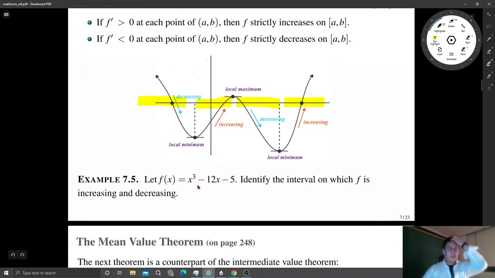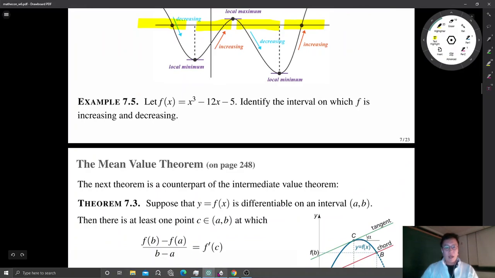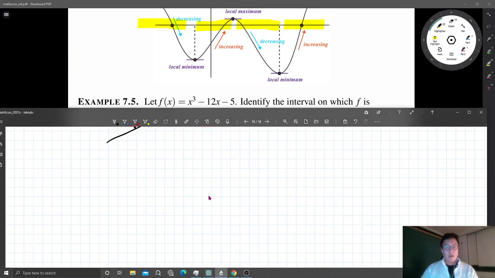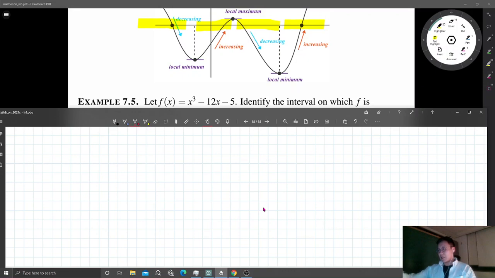Yeah? Let me show you one example. Here, f of x is given by one cubic function, x cubed minus 12x minus 5. And we are asked to identify the interval on which the function is increasing or decreasing. Once again, whether the function is monotone increasing or decreasing bears on the sign of the derivative.